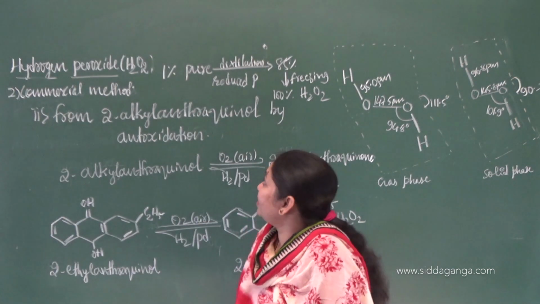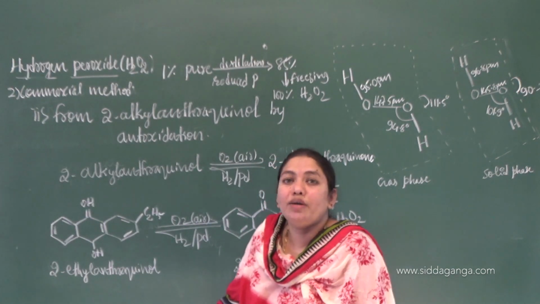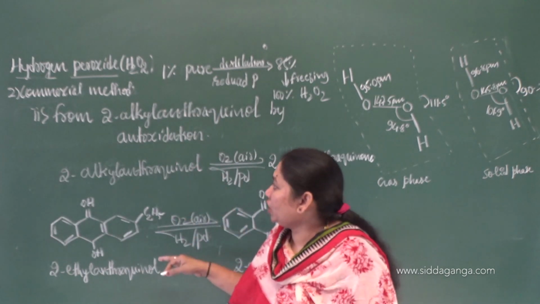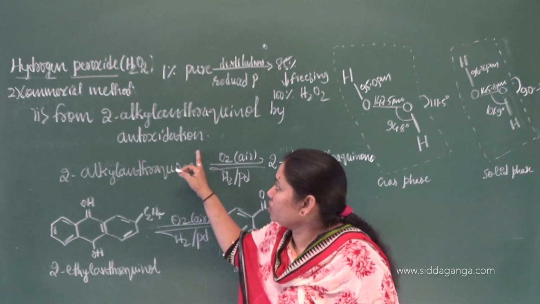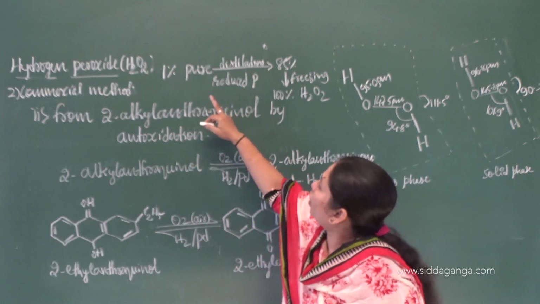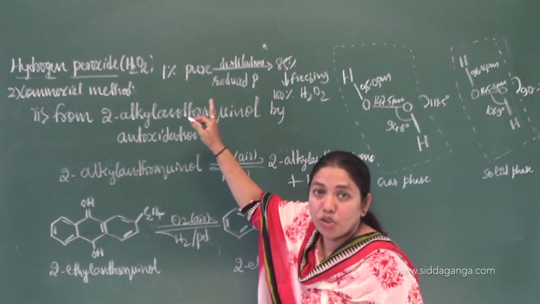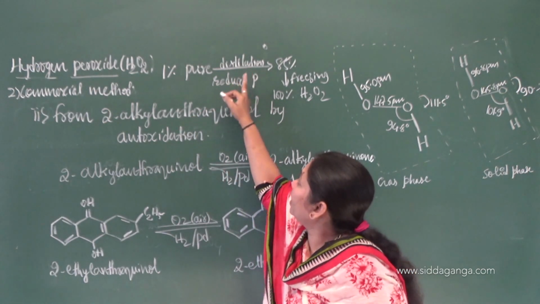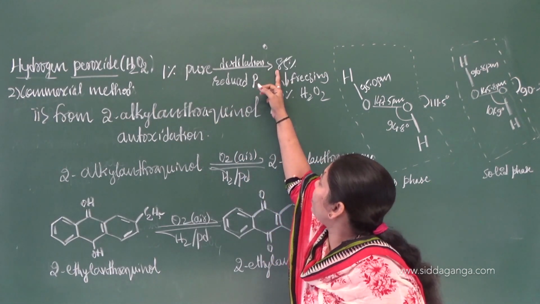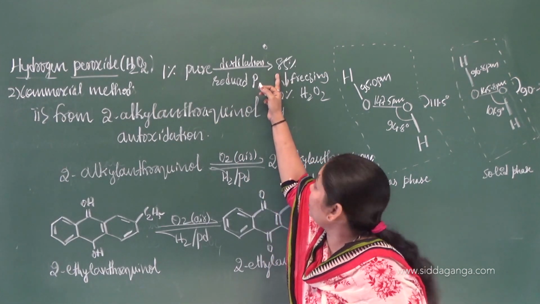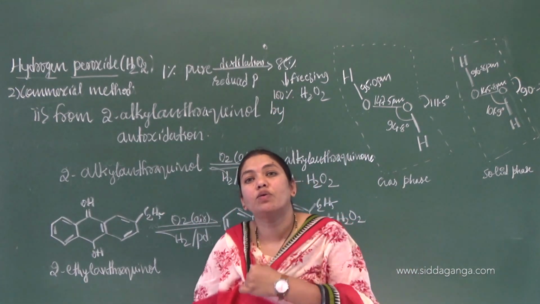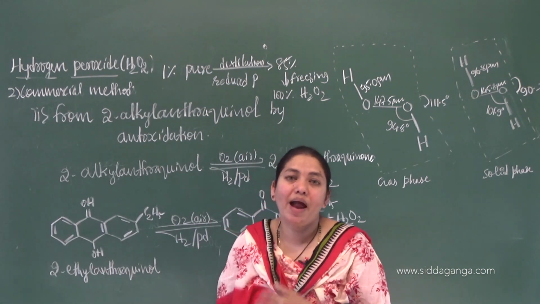So here the concentration of hydrogen peroxide is very important. From this commercial method, that is auto-oxidation of 2-alkyl anthraquinol, you are going to get 1% hydrogen peroxide which is subjected to distillation under reduced pressure. Then you are going to get 85% hydrogen peroxide, which upon freezing gives 100% hydrogen peroxide.